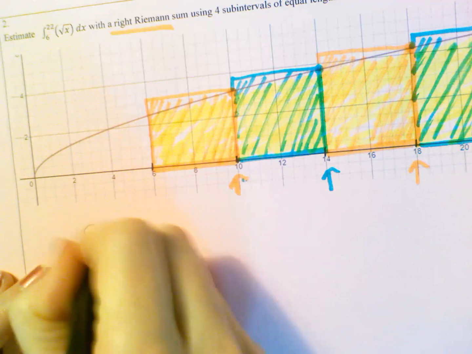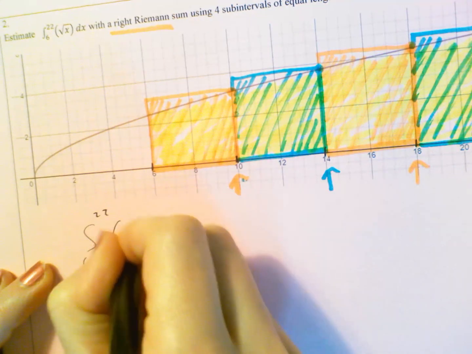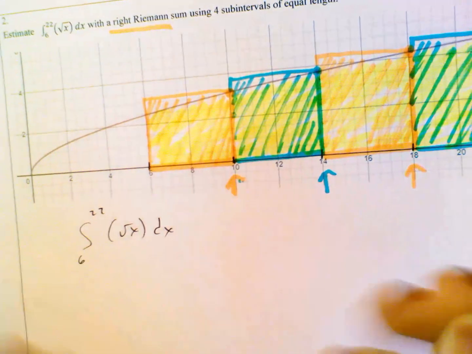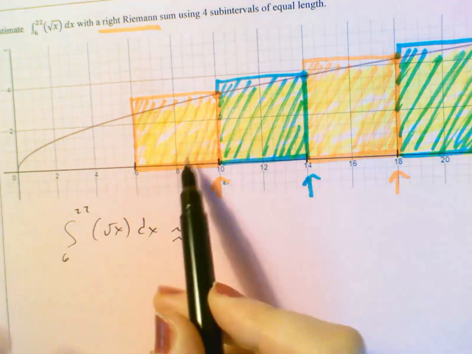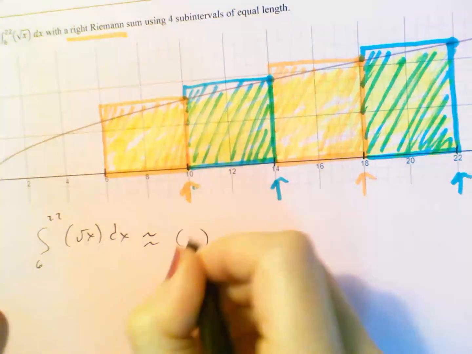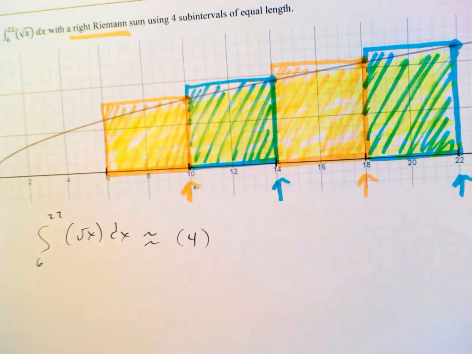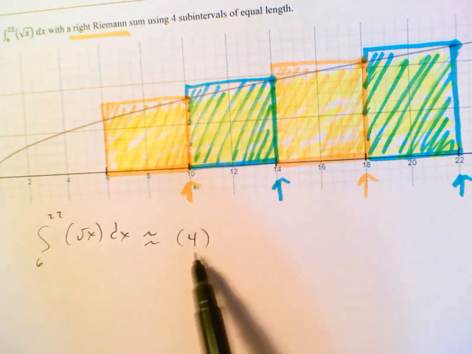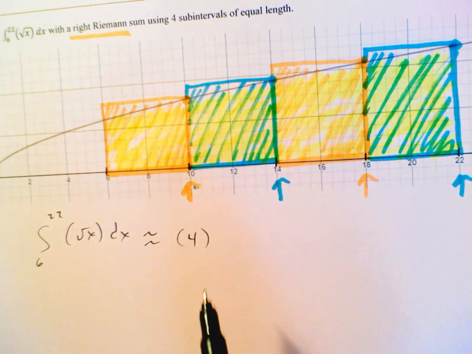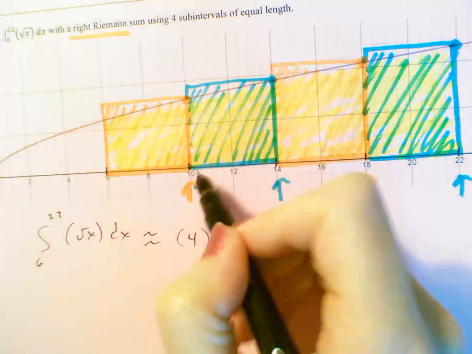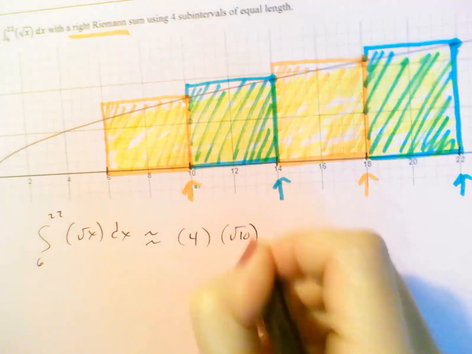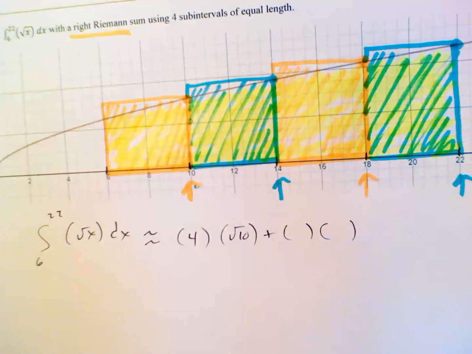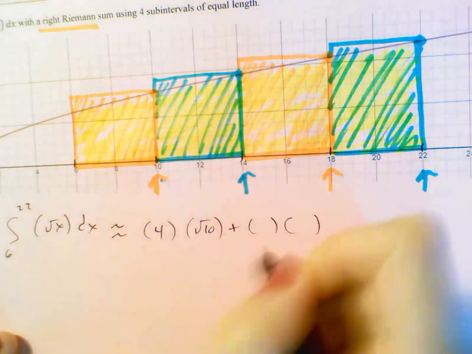Okay, so the integral from 6 to 22 of radical x dx is going to be approximately the sum of these 4 areas. So for this first rectangle, just like with the left Riemann sum, the base is going to be the same because we're using the same subintervals. So 4 for the base, and then height this time we use the right endpoint, so it's going to be radical 10. Plus, I'll go a little bit fast, guys, but pause the video if you don't understand something and figure it out.